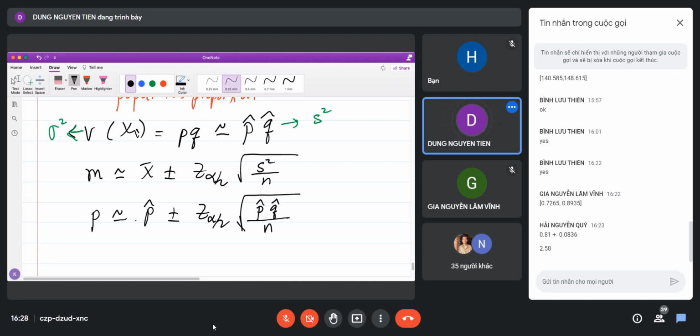Is it okay? This is the formula you can use to get a confidence interval for the proportion. Let's say this is the summary of what I just mentioned.